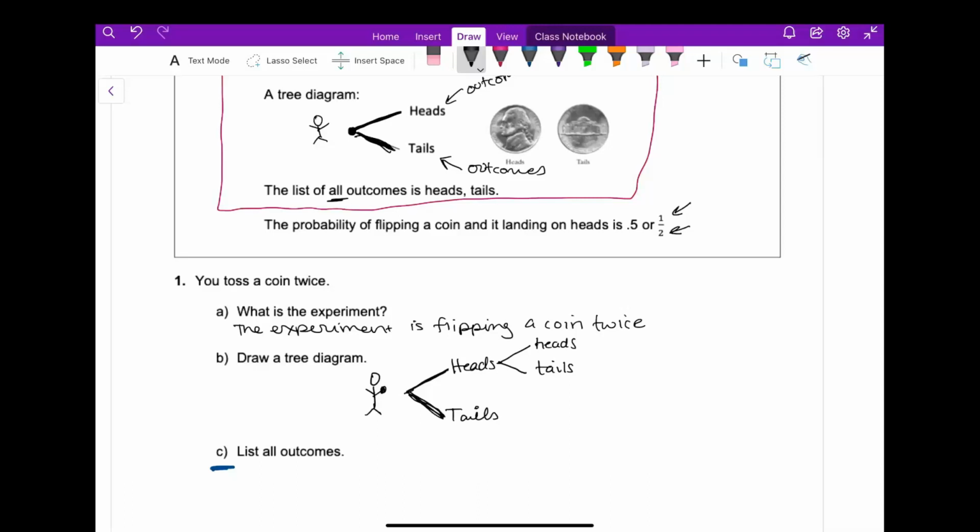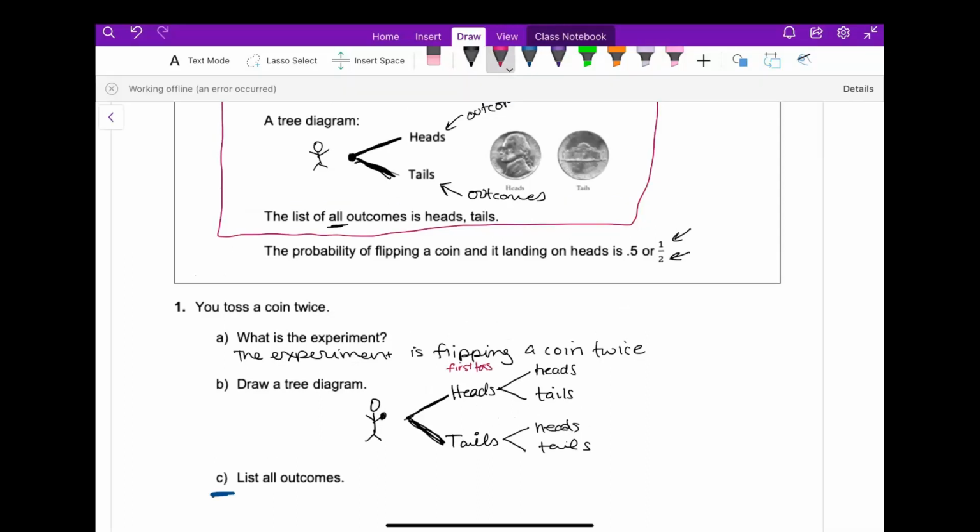So here I am, and I grab my coin again and I'm ready to toss. So here's heads and here's tails. So in a sense, I can label this the first toss, and this right here is the second toss. So in the first toss, I could toss heads or tails. In the second toss, I can also toss heads or tails.